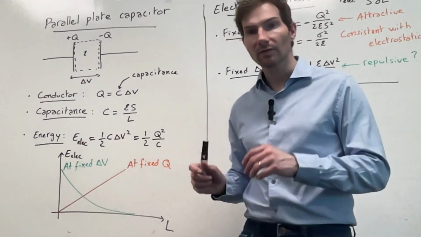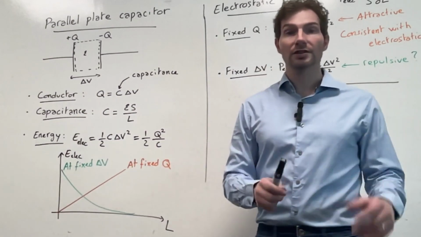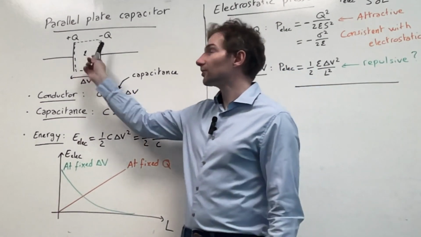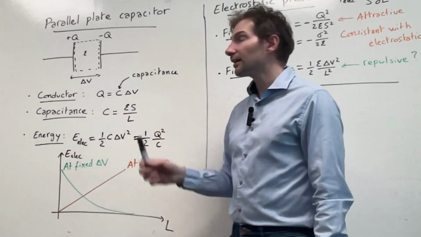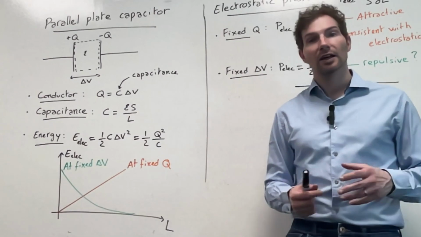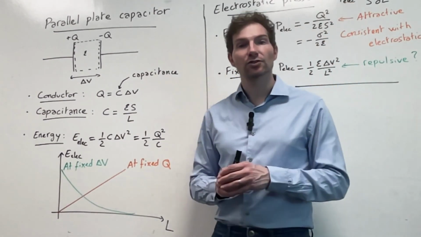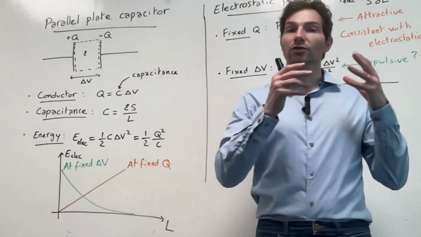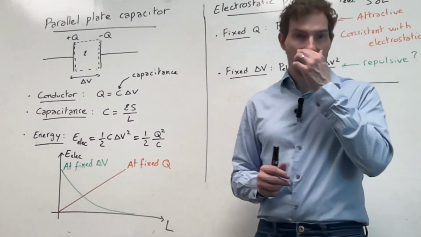Now, from the theory of conductors, it turns out that Q, the magnitude of the charge that is accumulated on either plate, can be written as C times delta V, and C is what people call the capacitance. In the basic theory, we assume the capacitance to be essentially a constant number that does not depend on time, does not depend on the frequency, does not depend on anything.